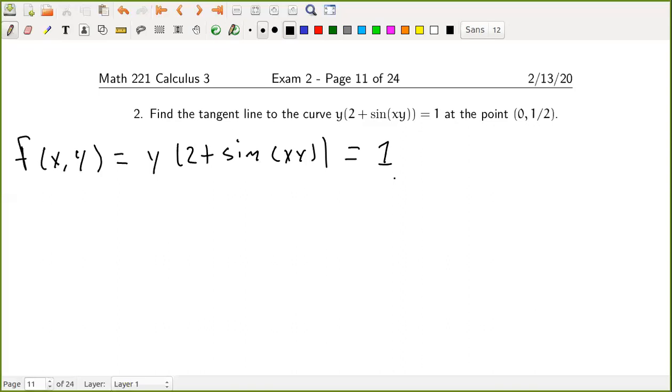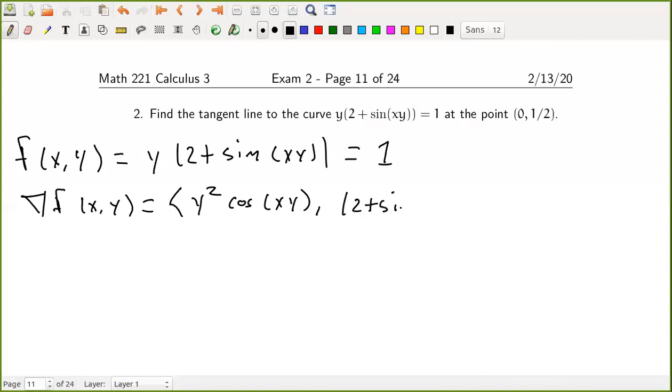So then when we want the vector parameterization, the direction vector is going to be any vector that is perpendicular to the gradient vector. So the gradient of f, and again, similar to the previous problem, I'll let you compute this on your own. The gradient of f evaluated at xy is y squared cosine of xy, and the y component is 2 plus sine of xy plus yx cosine of xy.